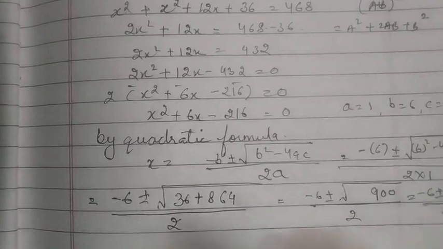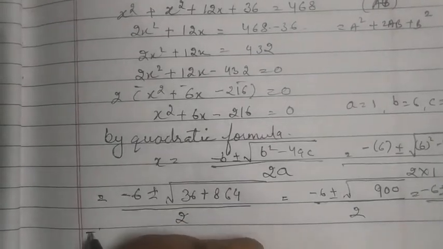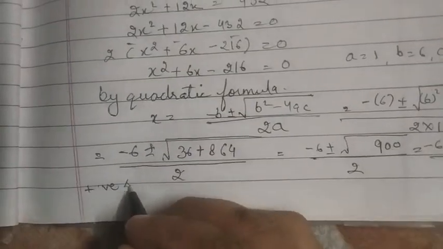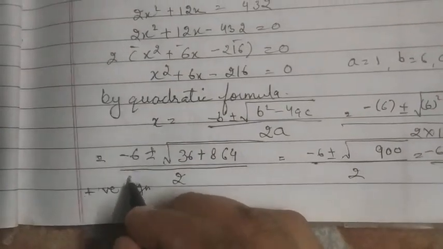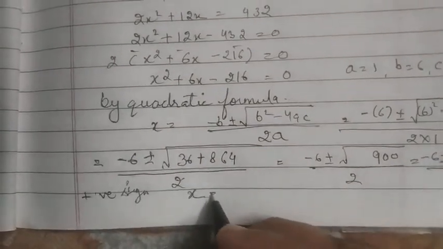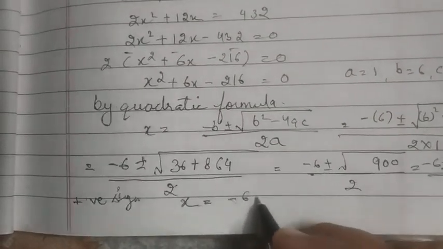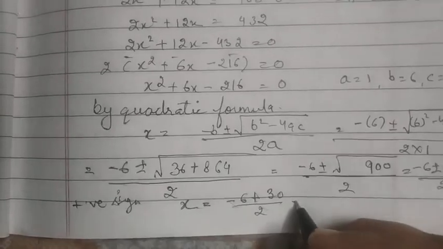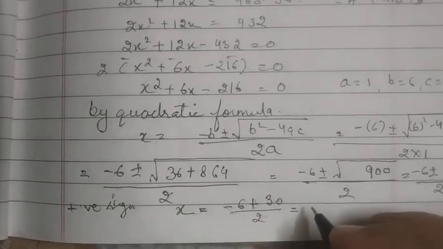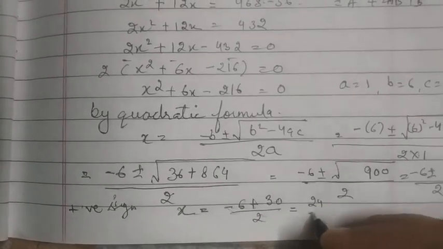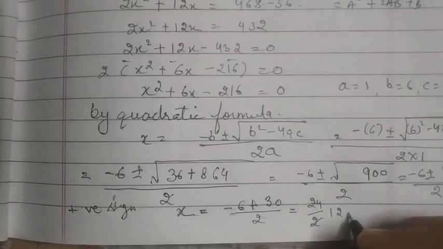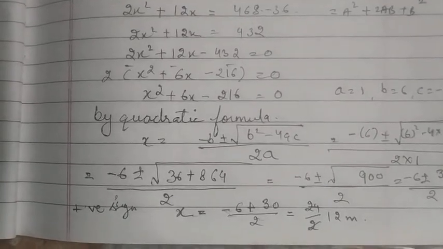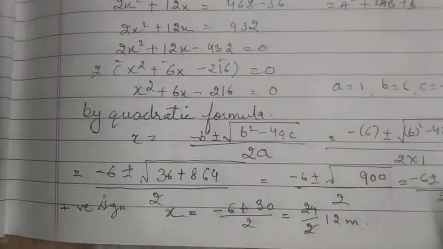First we consider the positive sign. So x will be minus 6 plus 30 upon 2, that is 24 upon 2, that is 12 meters. So the square having side x will have a side of 12 meters.